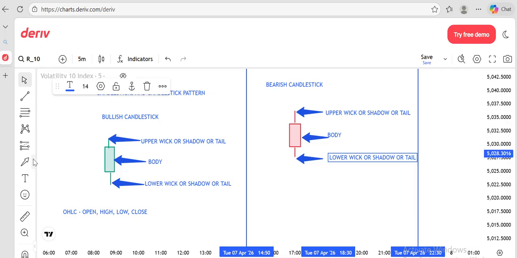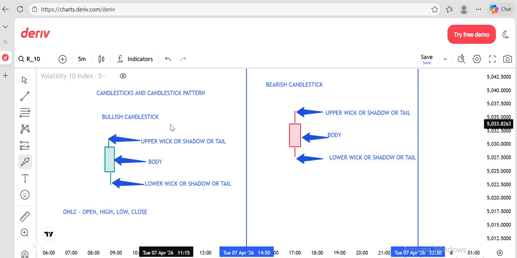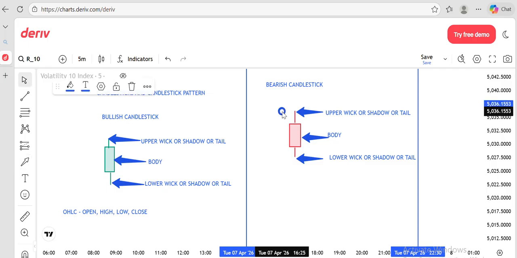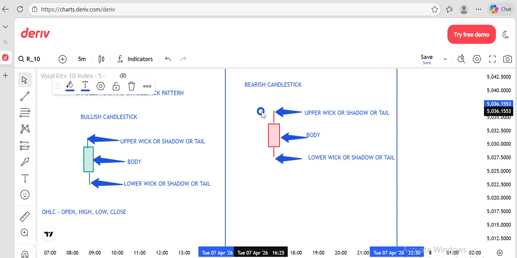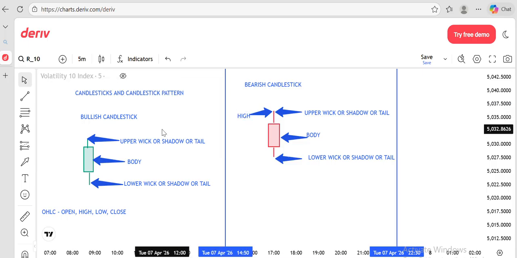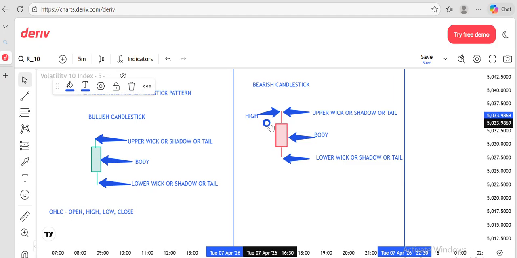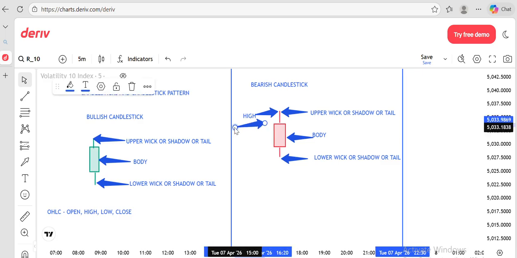So let me label that. Here it's called the high. Here it's called the open. Are you getting this?